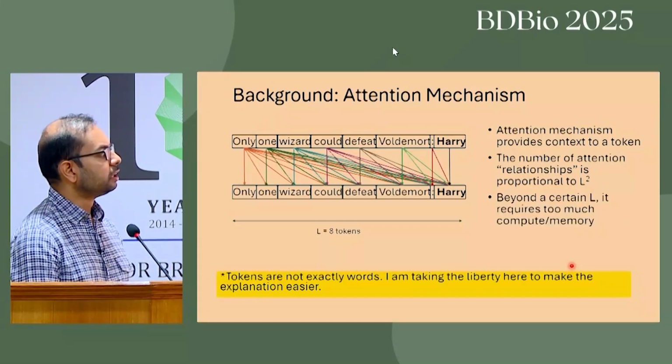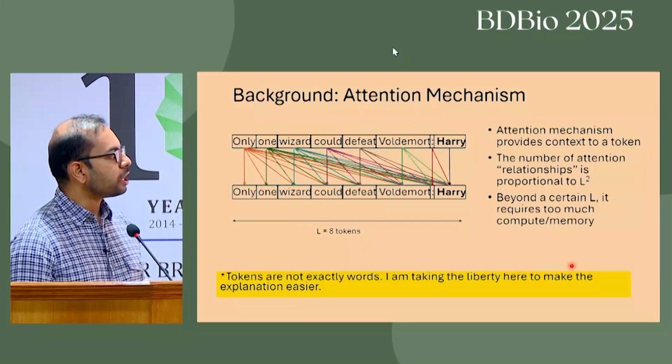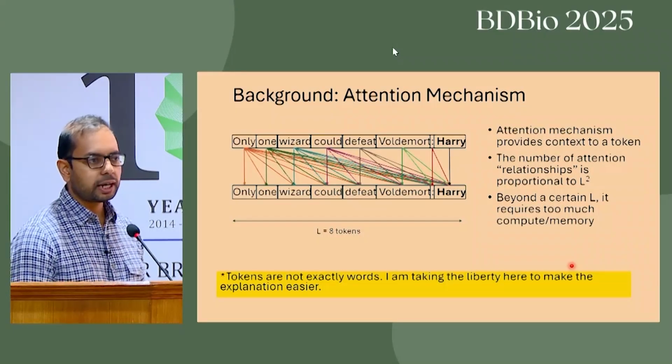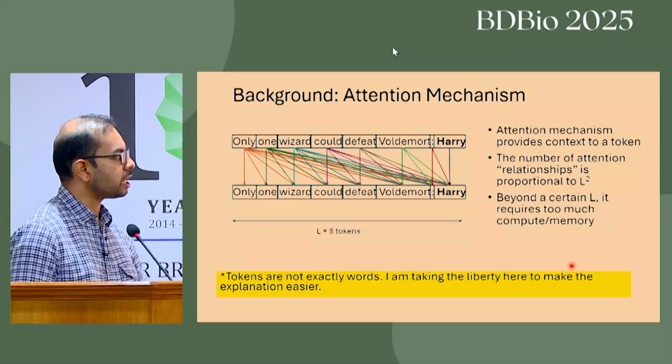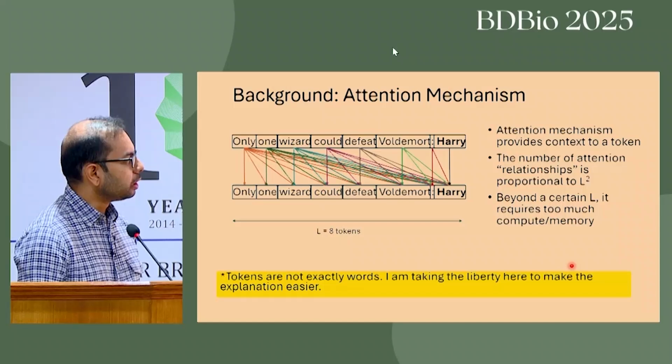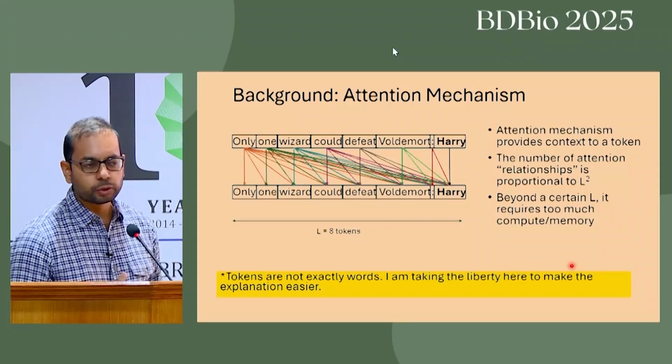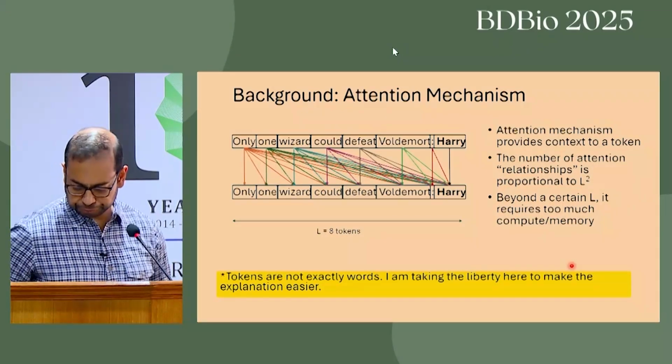Which means that beyond a certain L, it requires too much compute or too much memory. And the memory may not fit in your GPUs or even a large scale GPU cluster. And the compute just may take too long for it to be feasible.